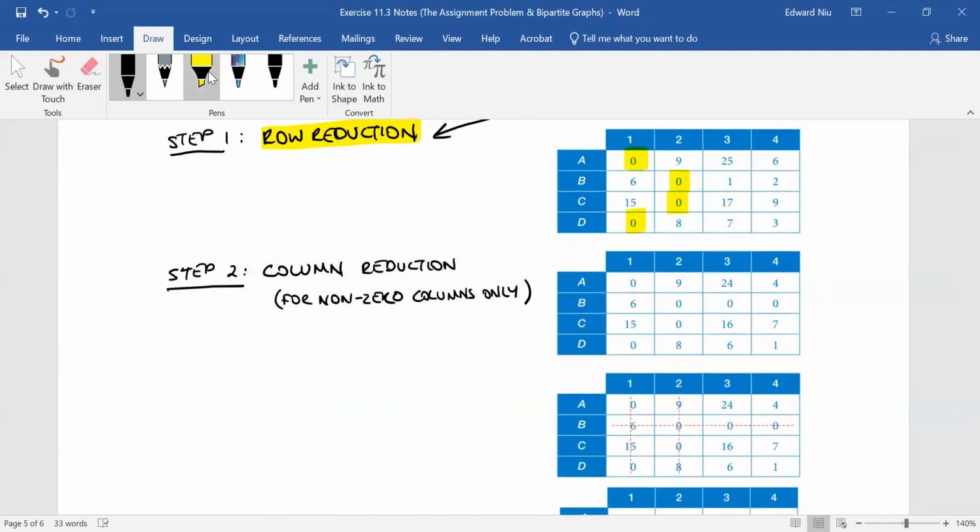So for column reduction, we have to find the non-zero columns, and we have ourselves the 3rd and 4th column.